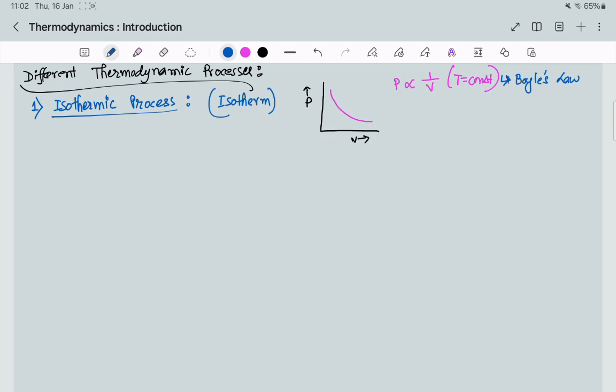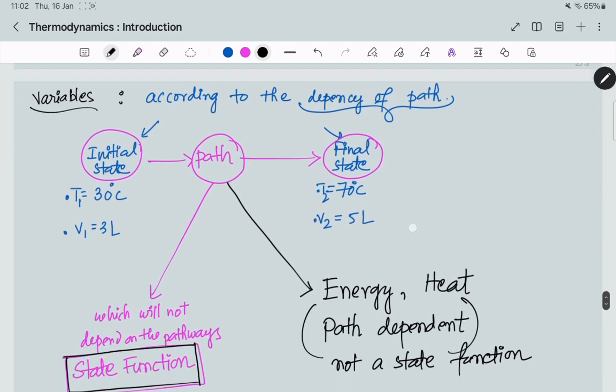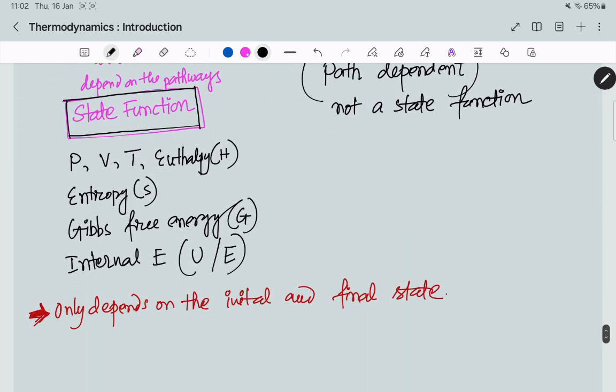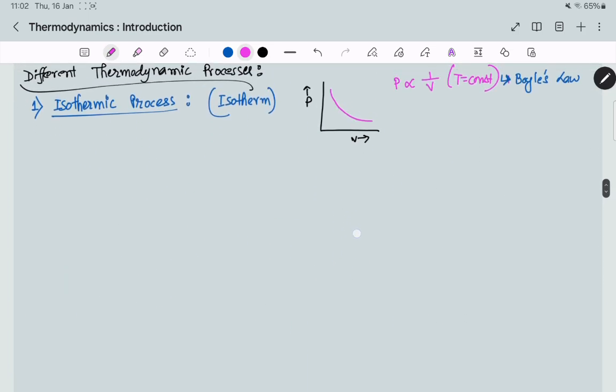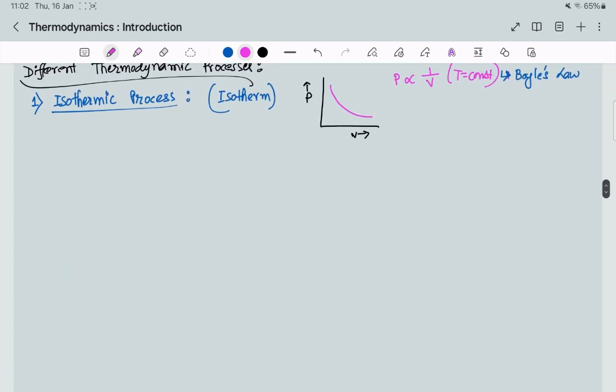Now, temperature is a state function, so it will depend only on the initial and final state, right? In an isotherm we are not changing it.